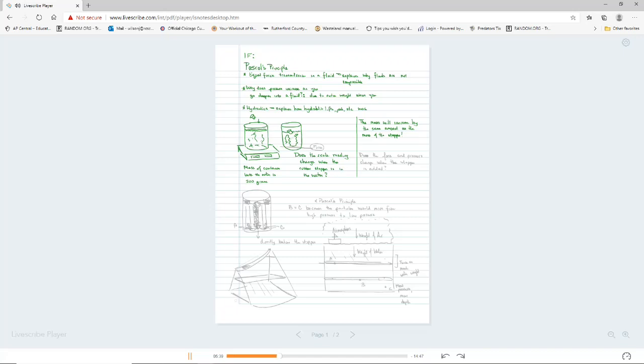Now here's my next question. What about this? Does the force, and therefore the pressure, change when the stopper is added?